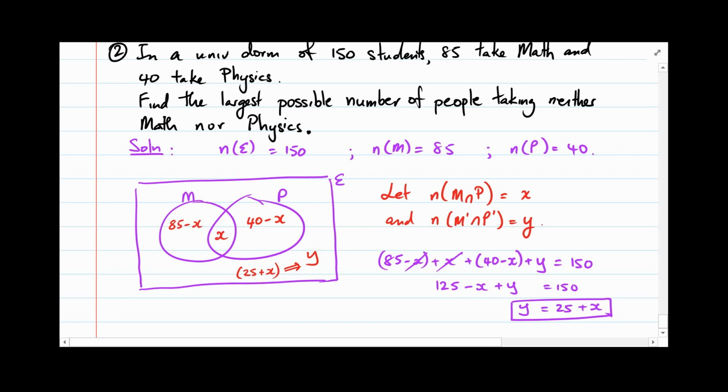Anybody has any idea now? What can we do? We're asked to find the largest possible number of people taking neither subject. So if we want the largest possible number of people, we want the largest possible y, right?